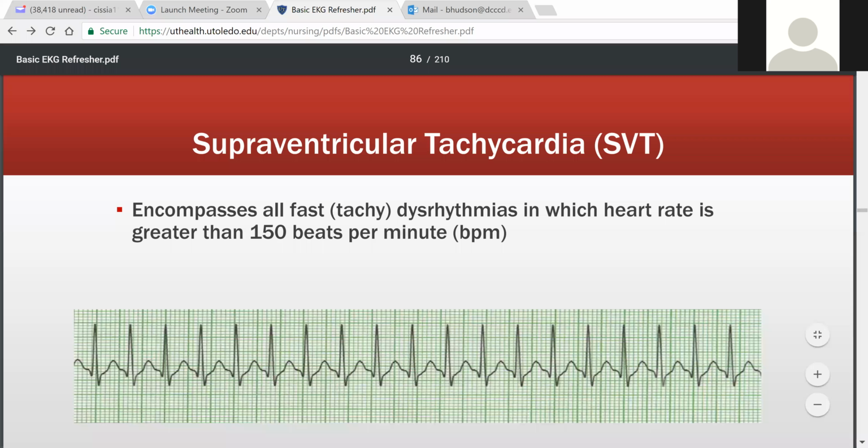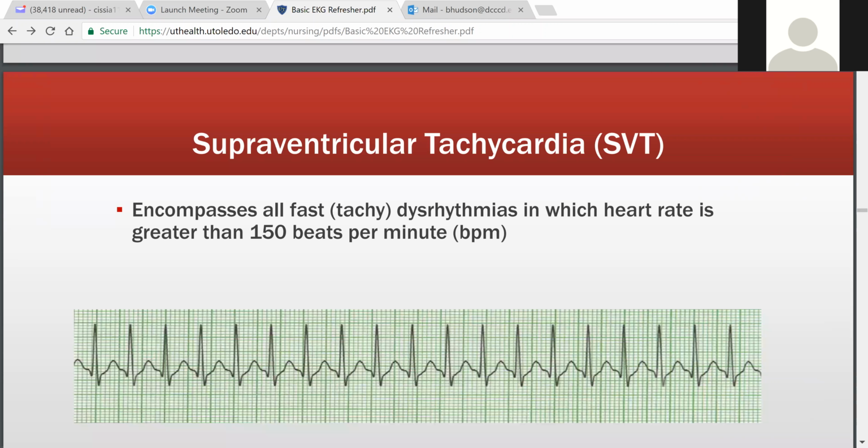Okay, so you may see supraventricular tachycardia. That's just where the heart rate's greater than 150. And it's kind of hard to see the P wave because it's embedded into part of the T wave. So I don't know what's going on, but it's more than 150 beats. It just means it's above the ventricles.